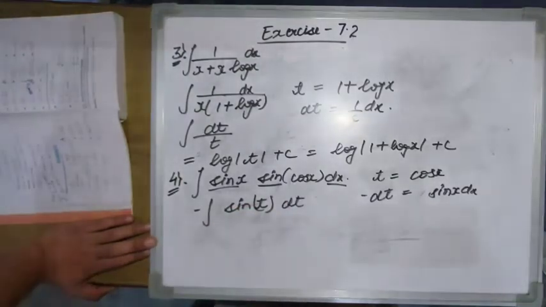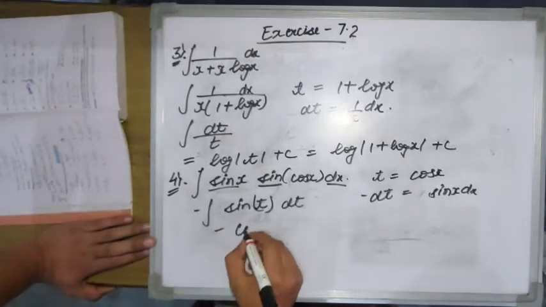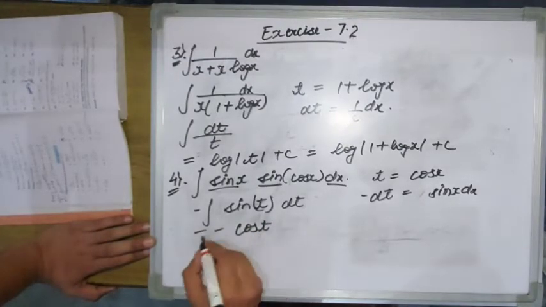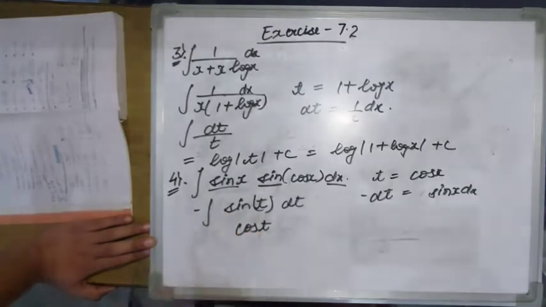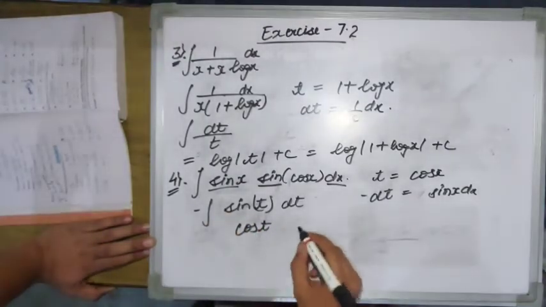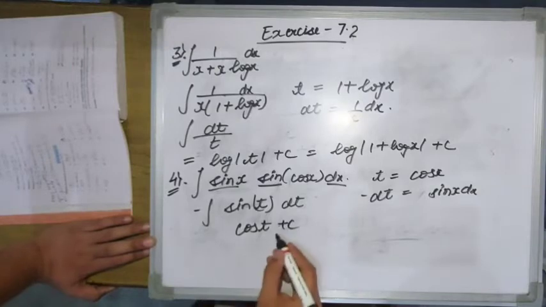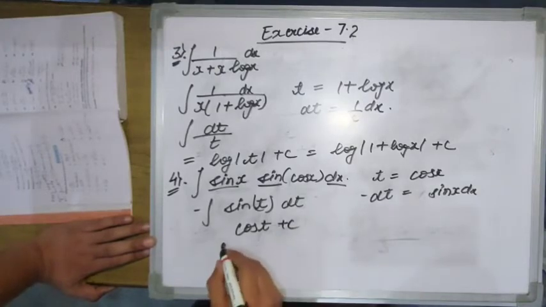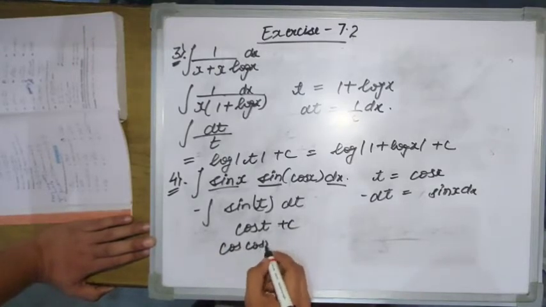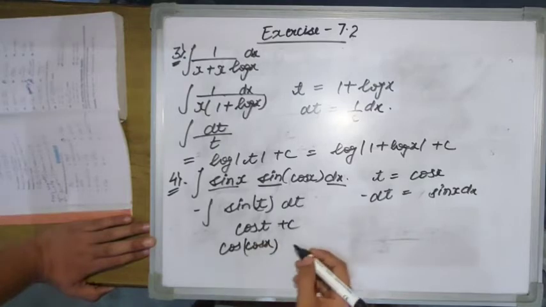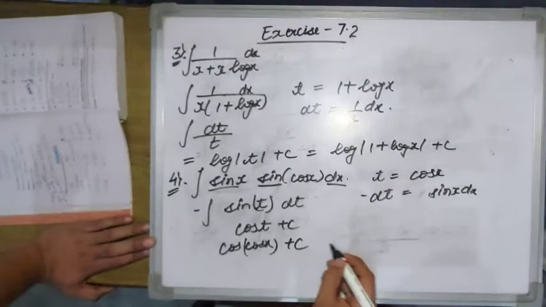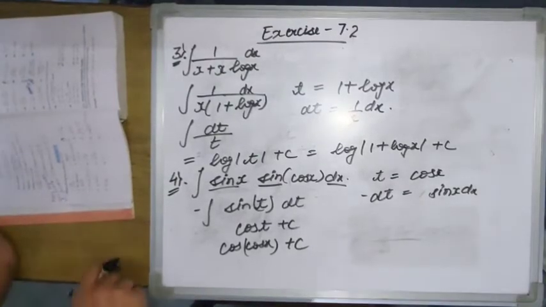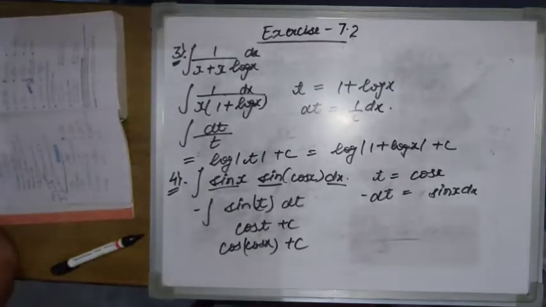And the integration of sin t is minus cos t. The minus signs cancel each other. So therefore we have cos t plus c. Again putting the value of t, we have cos x as the integration of sin x sin cos x dx plus c. This is the integration of the fourth question. Pause the video to note it down, then we will move to the fifth question.